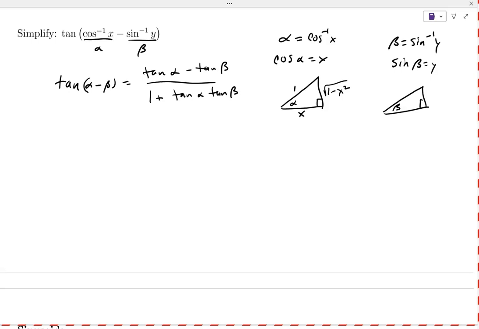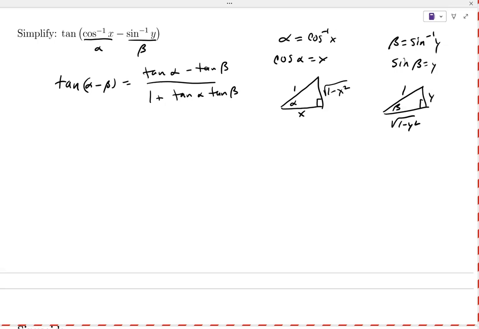Yep, the hypotenuse and the opposite. The opposite will be y, and the hypotenuse will be the 1. And then notice that your adjacent will look a lot like the other one, square root of 1 squared minus y squared again, your Pythagorean theorem. Everybody see that? That's okay?